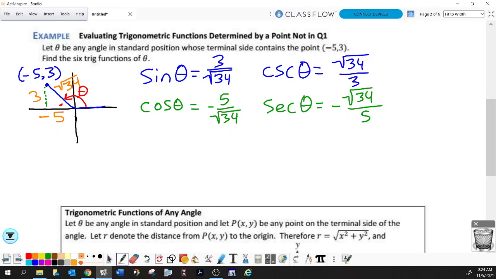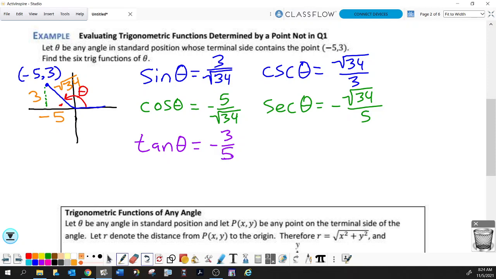And lastly, tangent and its reciprocal. Tangent theta, which for now we'll say opposite over adjacent. When we say that, we're referencing the red dot. Opposite from the red dot is 3, adjacent to it is negative 5, so this is negative 3/5. And it looks like an S. Yuck. Try again. There we go. That's not much better. Whatever.